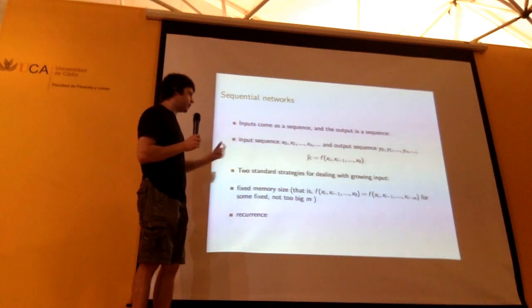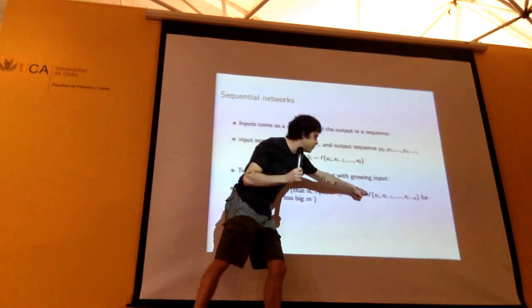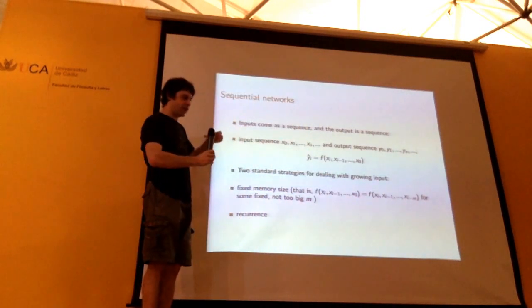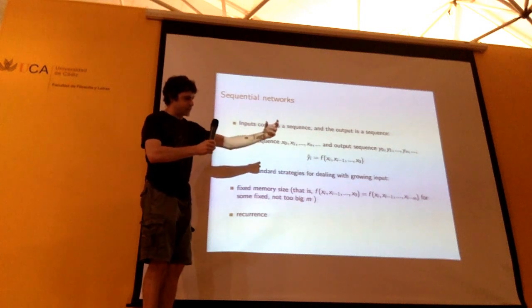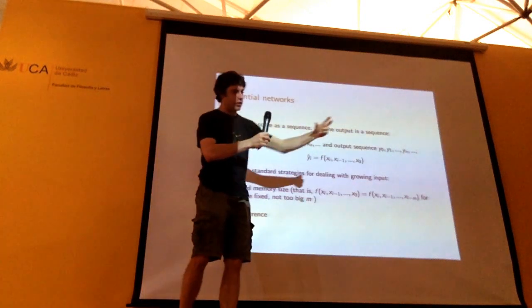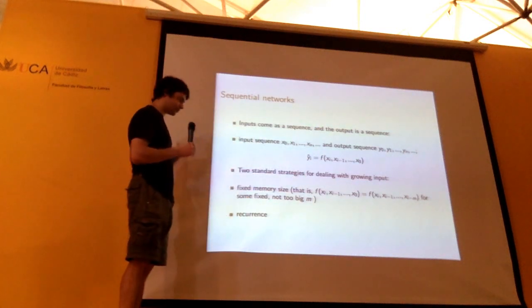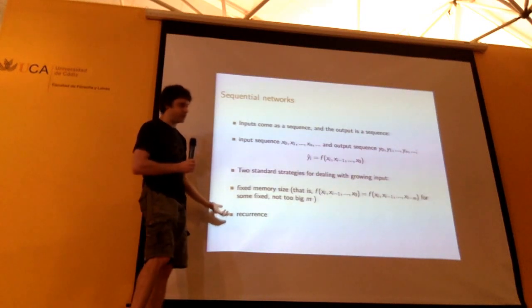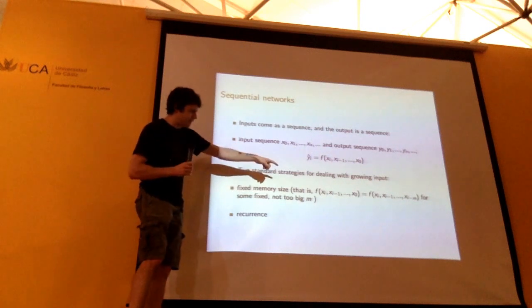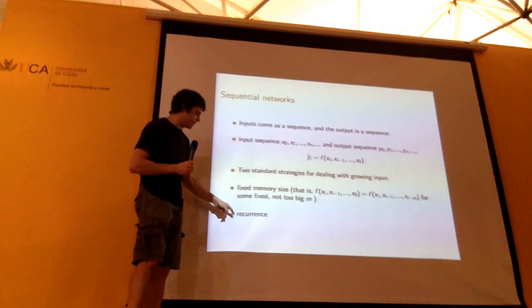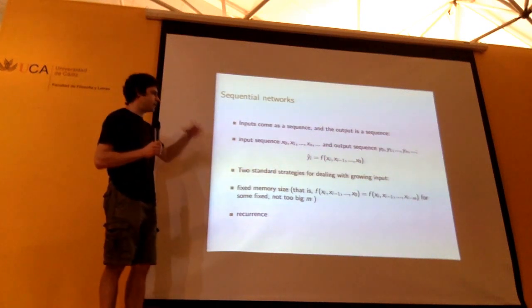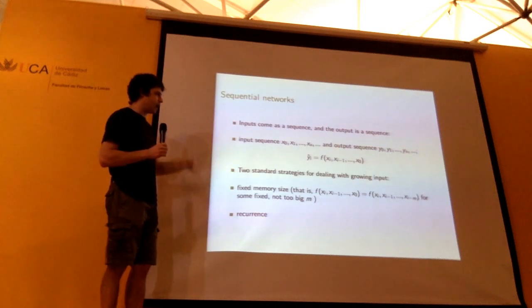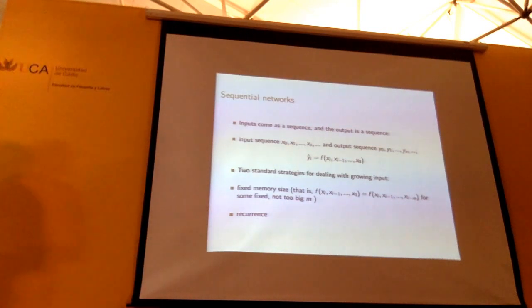So in some sense, you can think about a simple version of this as just taking a feed-forward network and just covering each of the slots and sliding that along your time sequence. And then another strategy, which has proven to be somewhat better than this one, I think, is recurrence. And that one basically says, well, we'll say more about it.